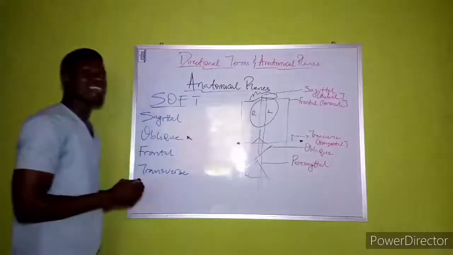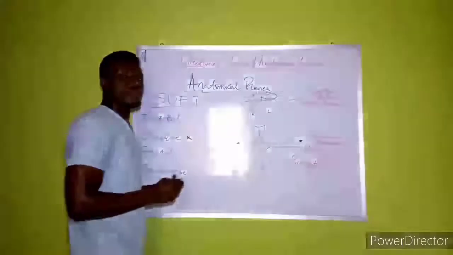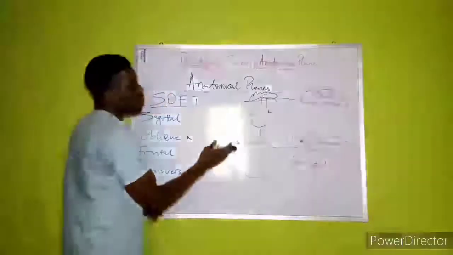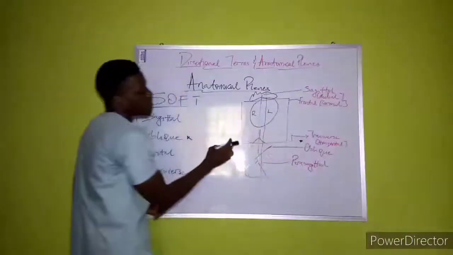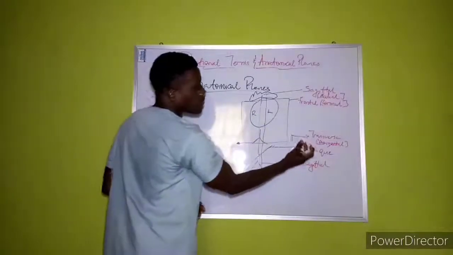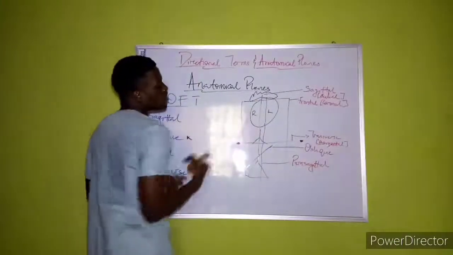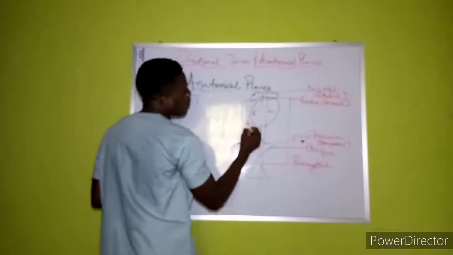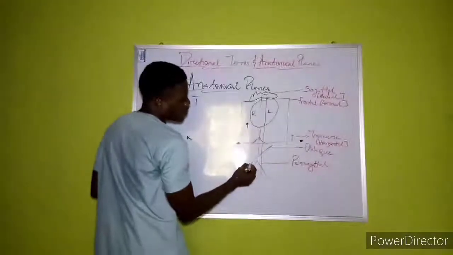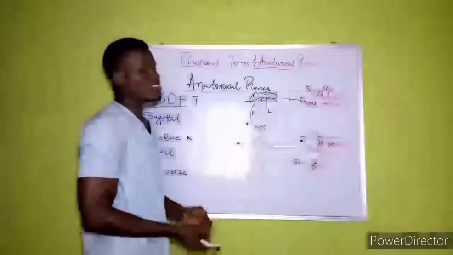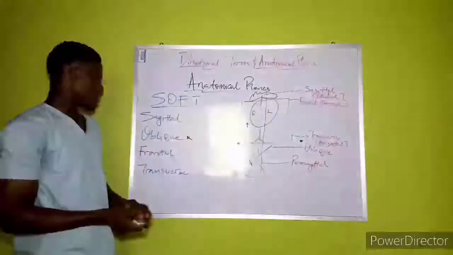The transverse plane is an imaginary horizontal line that runs from the right side to the left side, or from the left side to the right side, dividing the body into superior and inferior portions. You get that now? So it's dividing it into up and down.